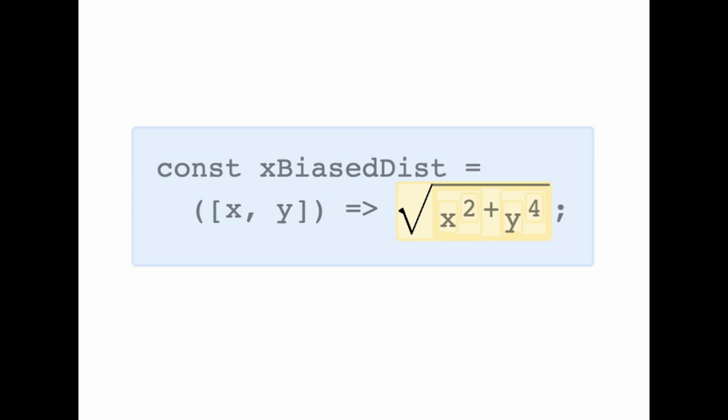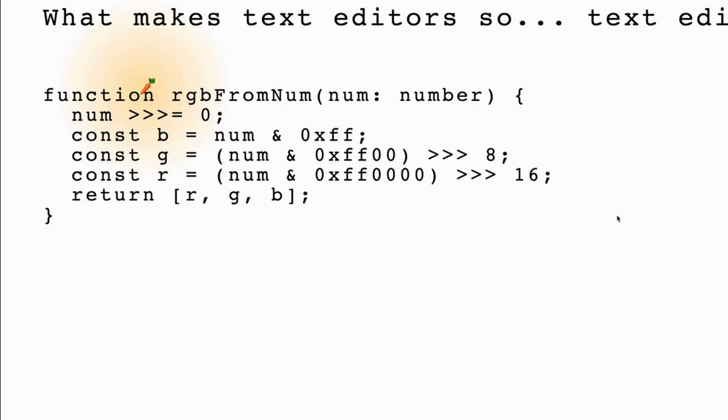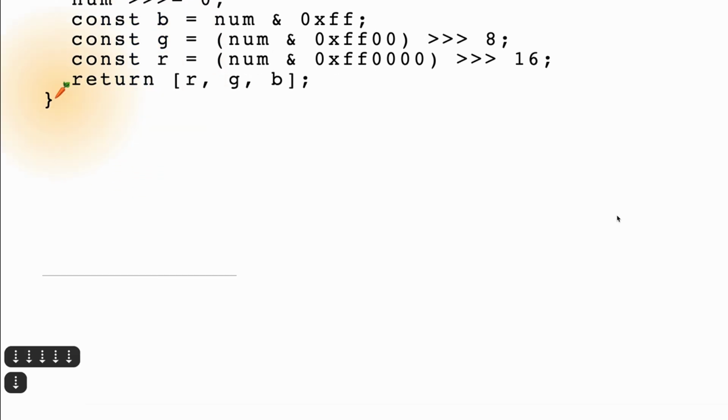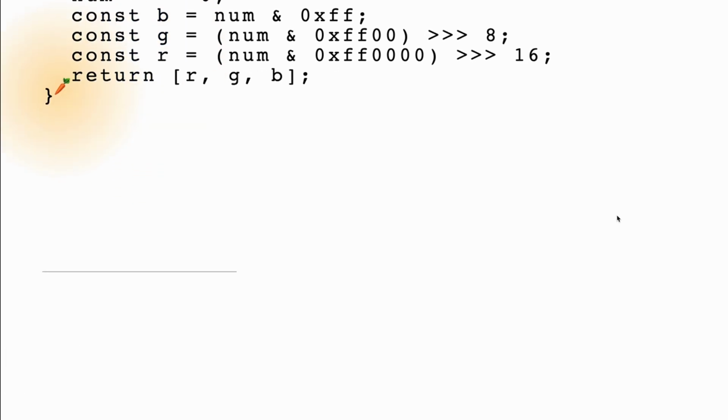Note that your choice of distance function matters. If you want horizontal lines, you should choose a distance function that is biased towards things that are horizontally close. Now I'll just go through some extra examples, and then I'll show off something extra you can add to this idea.